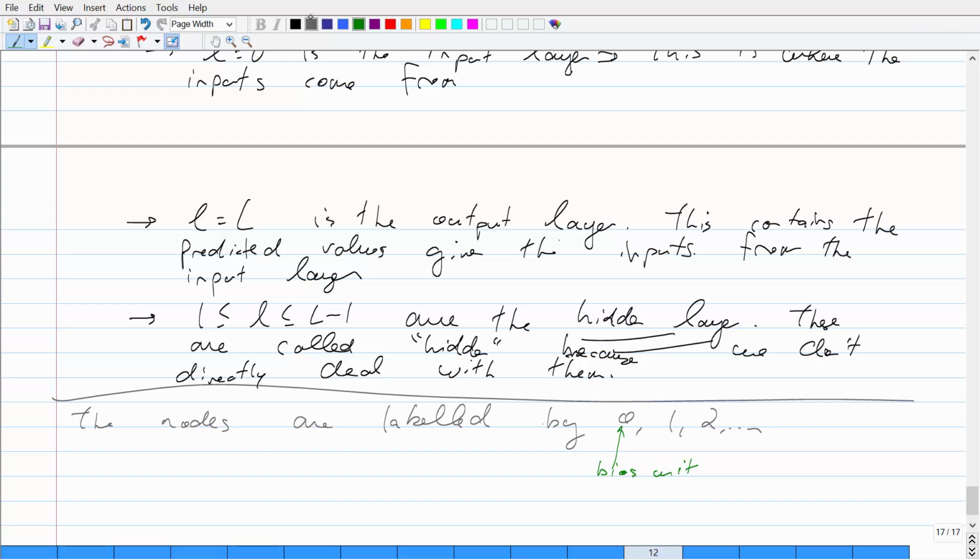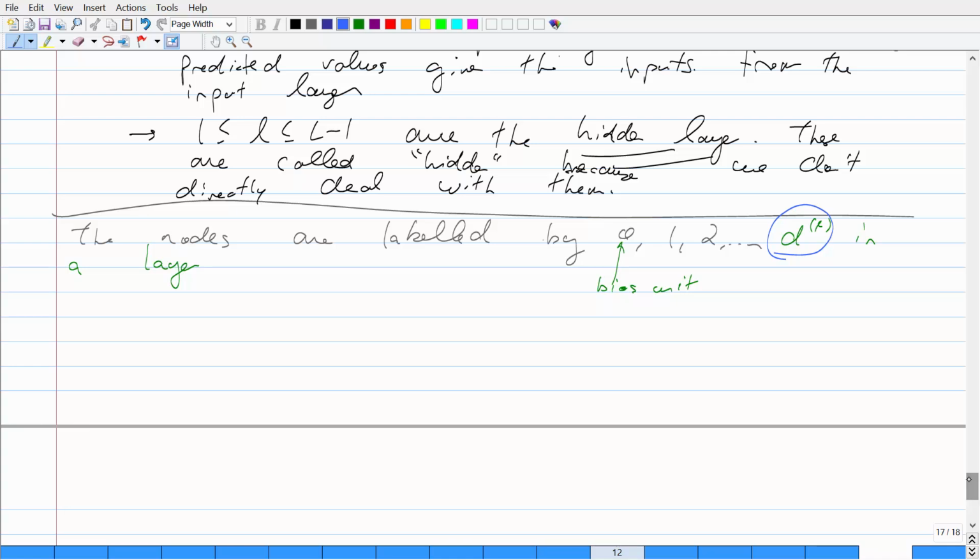And then it goes all the way up to D sub L in the layer. So the term D sub L is the total number of nodes or neurons in layer L. Let me write down that notation too.